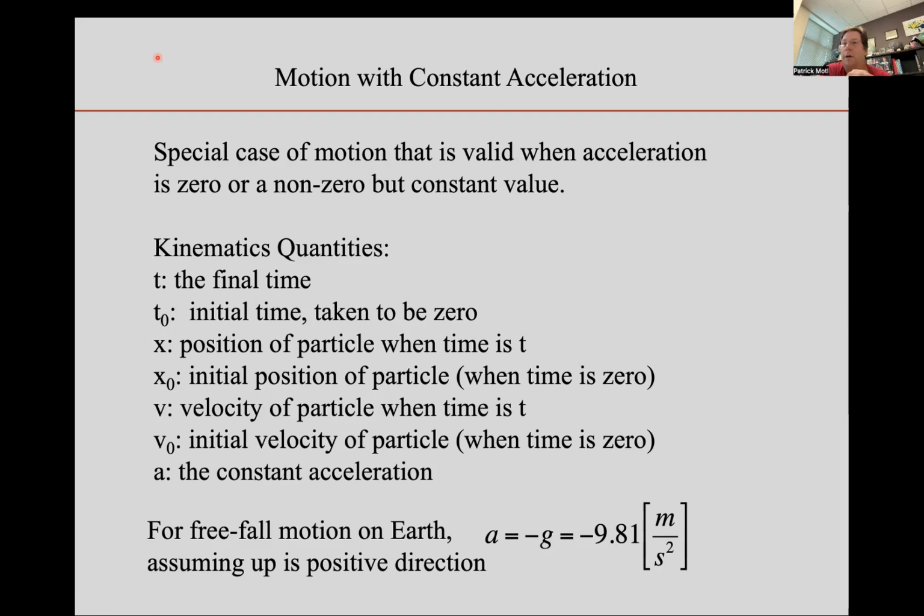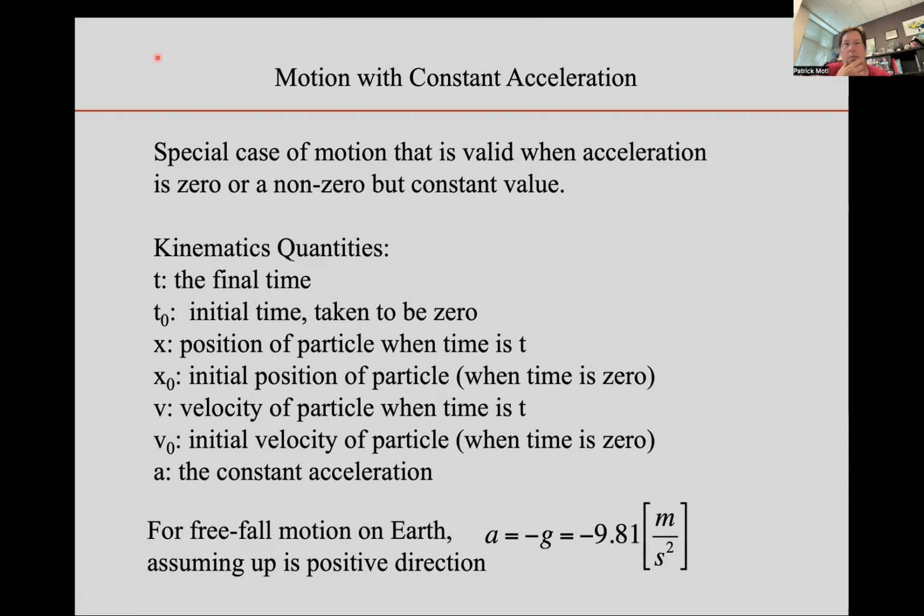This is the special case of motion where the acceleration is constant, and that constant could be zero. So in that case, the velocity is also constant. The statement that the acceleration holds a constant value and does not change means that we are in the regime of kinematics.